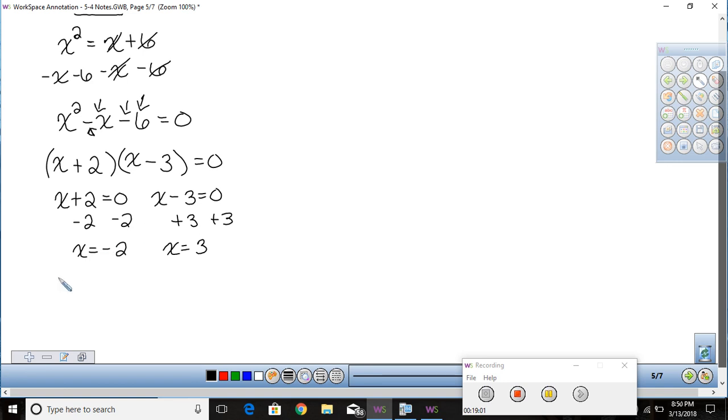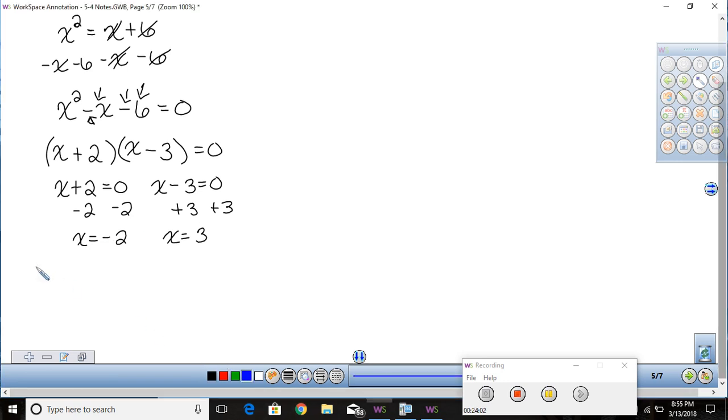So let's plug in negative 2 for the x's. So you've got negative 2 is equal to the square root of negative 2 plus 6. So nothing to do over here.